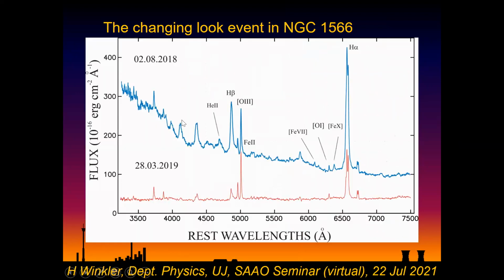Here, this is a spectrum towards the middle of the outburst. And this is quite a change to what it normally looks like. Not only are the Balmer lines much, much stronger than they were before, but we see a number of things which are totally invisible over here. Helium II, again, that's always associated with high ionization, but also a lot of this is Fe II, which we don't see here.